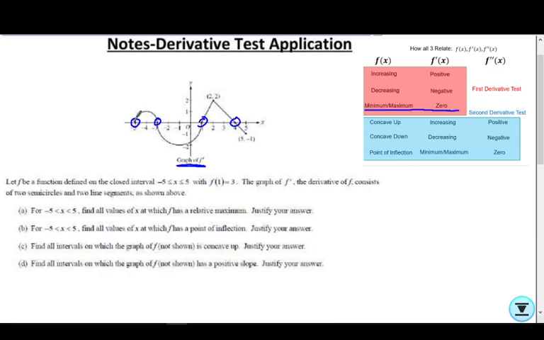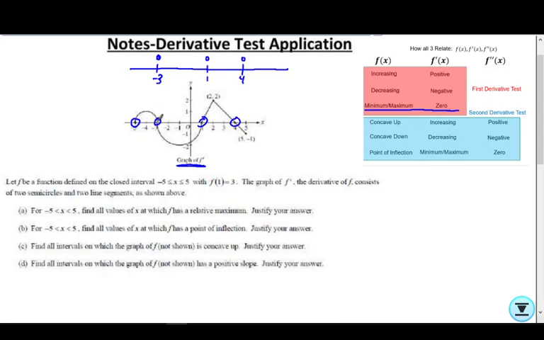If we were doing a first derivative test, okay, basically we'd be doing the number line. So let's look at this as a number line, right? So right here at -3, that's a 0. Right here at 1, that's a 0. Right here at 4, that is a 0.